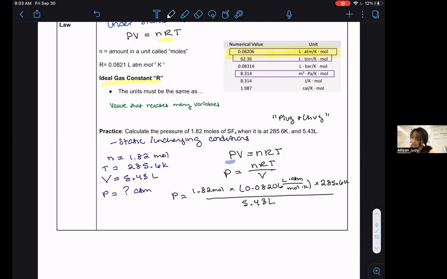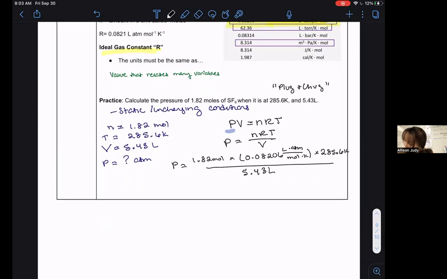Let's see if I can quickly do this math. When you plug this in, 1.82 times 0.08206 times 285.6 equals 42.65. When I unit track, my moles cancel, my Kelvin cancel, and I'm left with 42.6 liters times atmospheres divided by 5.43 liters.